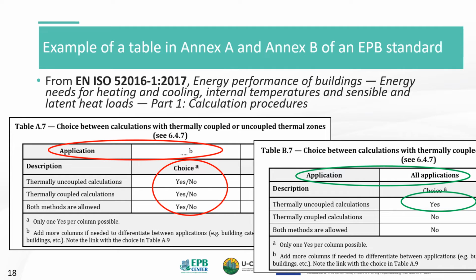It's one of the important choices because it has a major impact on the calculation procedures, also on the software tool to be developed for these procedures, and maybe even more importantly, because if you require a thermally coupled calculation, it requires much more input data on the boundaries between the thermal zones, not only on thermal transmission but also on ventilation, and it's a question how reliable this information can be acquired.